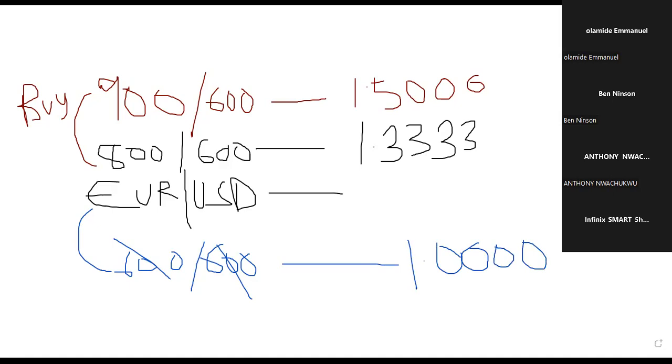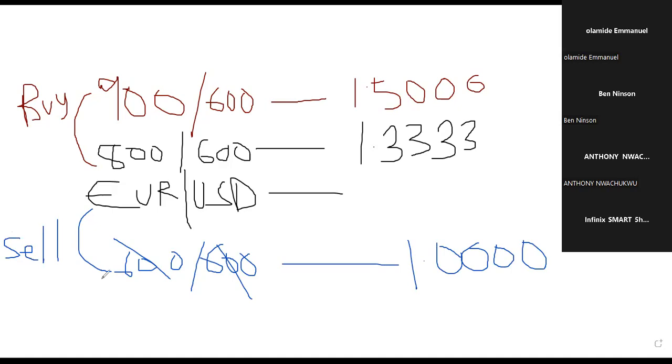So if you have 1.000, then it means that in this case, this is a sell. Can you see?